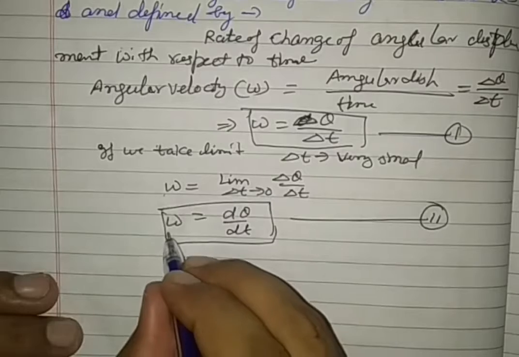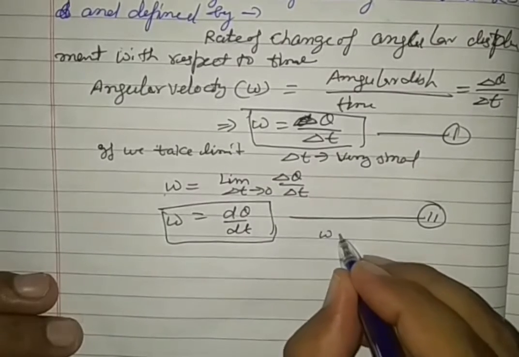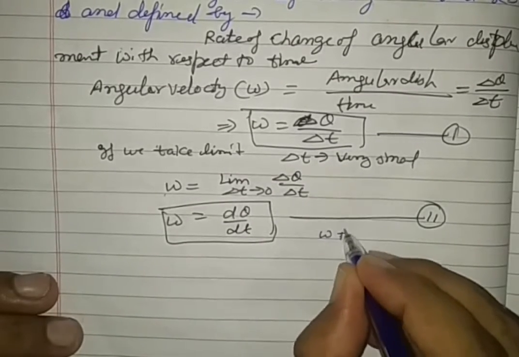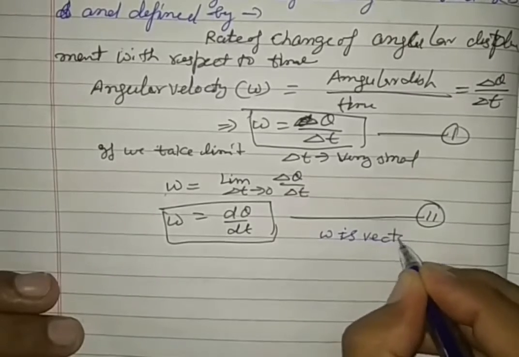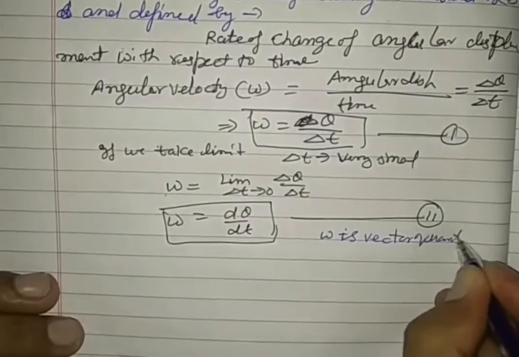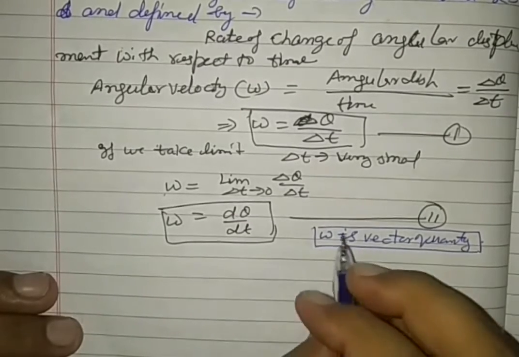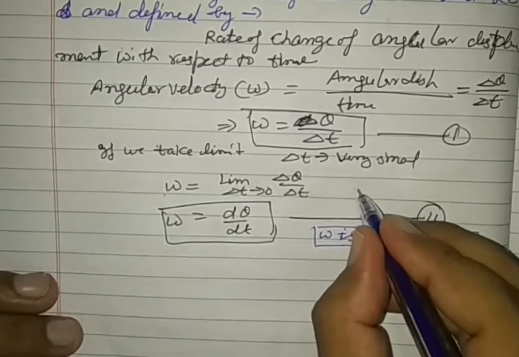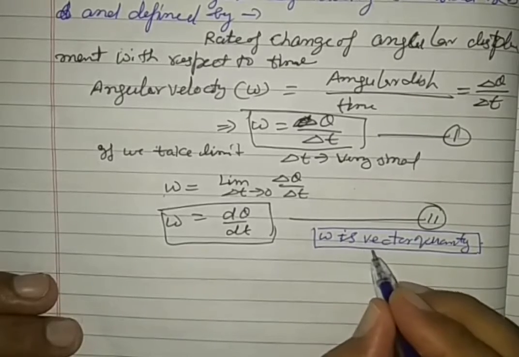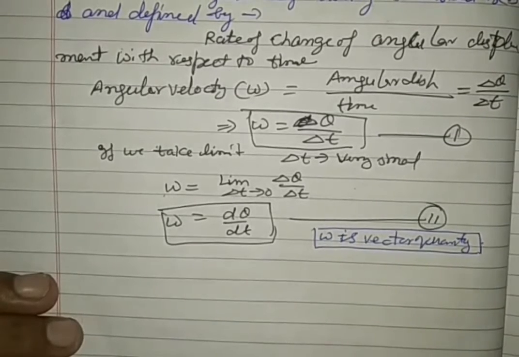Now listen very carefully. Angular velocity omega is a vector quantity, the same as velocity. Velocity in linear motion is a vector quantity; omega in rotatory motion is also a vector quantity.